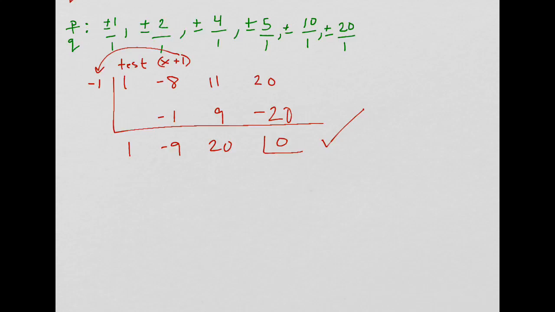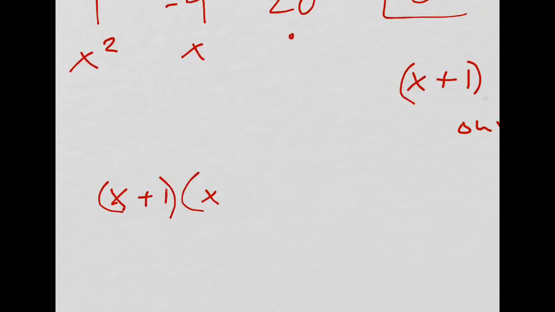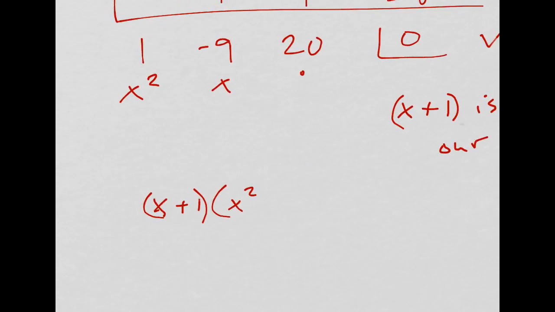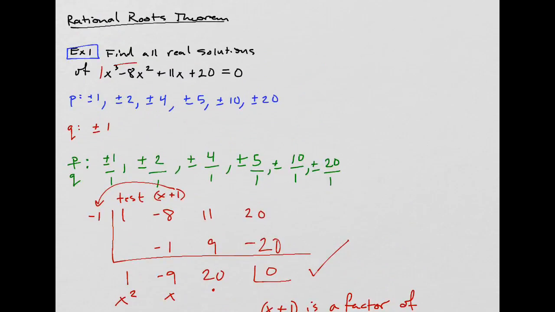We did this before, so it'll help us if we write it in a certain way. Remember, this is my constant term, this is my x term, this is my x squared term. So after I divide by x plus 1, I end up with a polynomial that looks like this: 1x squared minus 9x plus 20, and that equals 0. If you were to multiply this out, you would actually get back to the original.